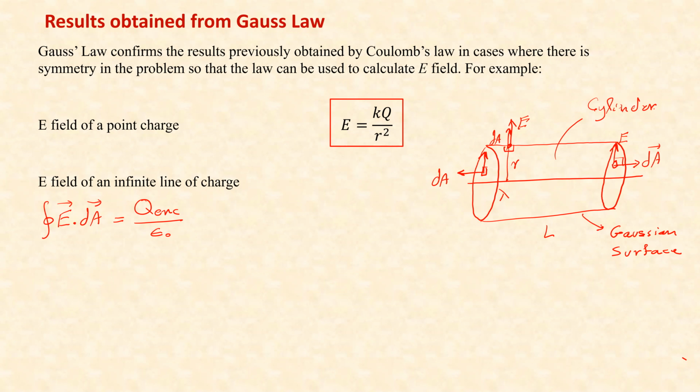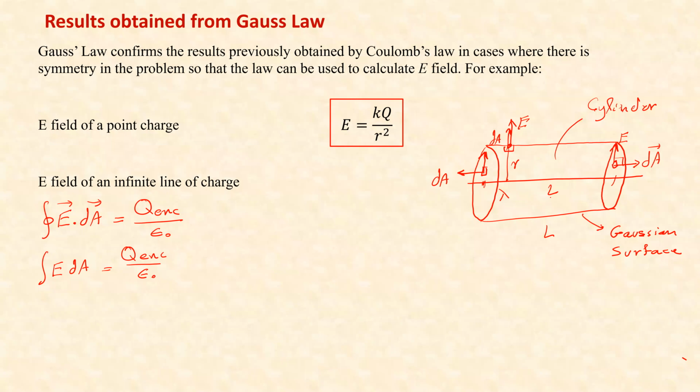On the cylindrical part, the other sides are 0, so it becomes E times dA. So it becomes integral of E dA equal to charge inside, Q enclosed, divided by epsilon naught. First of all, what is the Q enclosed inside this cylinder?